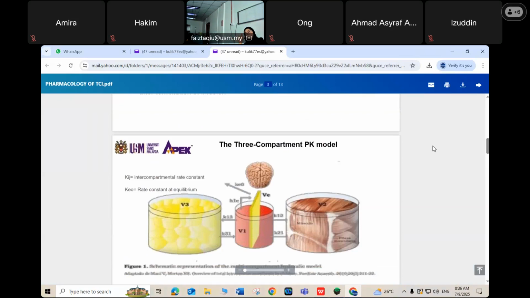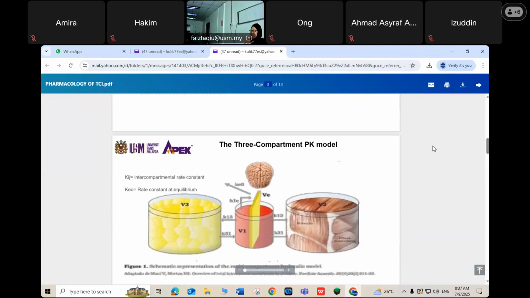Okay, so imagine at the V1, the KEO actually denotes the transfer to the effect site. In our case, the effect site is where? The brain, right? So for propofol, okay? The effect site is the brain. So that's why we split off the effect site. V2 is the vessel rich group other than the effect site.